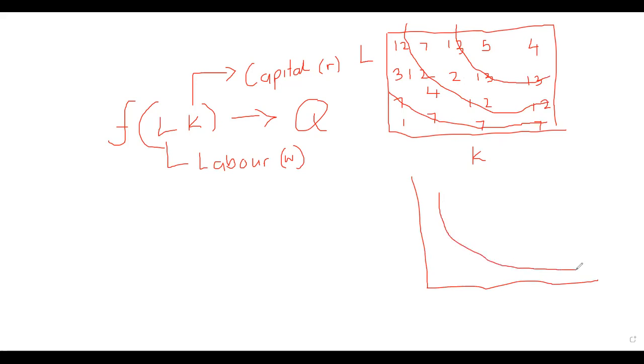These curves, which are convex to the origin, are called isoquants. The characteristic is that the isoquant on top offers the highest production. So we have isoquant 3, isoquant 2, isoquant 1.